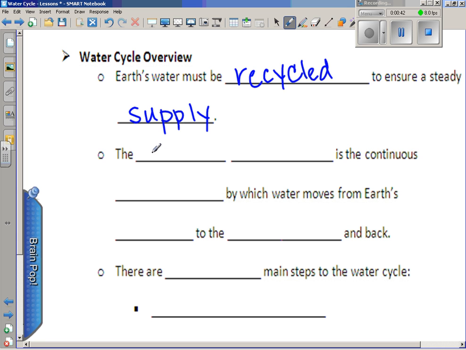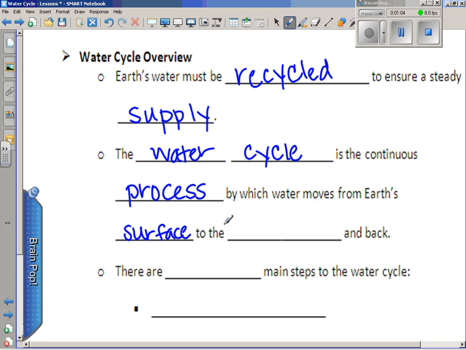The water cycle is the continuous process by which water moves from Earth's surface to the atmosphere and back.